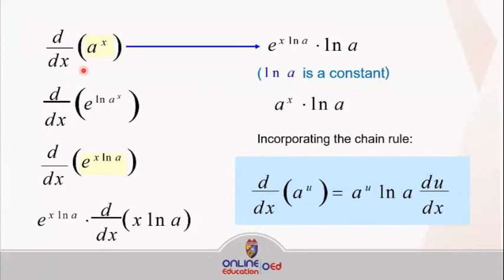So we have here for d over dx ng a raised to x, we have e raised to x ln a multiplied by ln a. We have here naman constant siya. So ang formula natin for the derivation is a raised to u ln a du over dx. Yun lang siya. Ito yung formula.